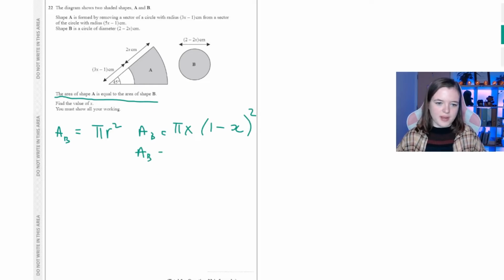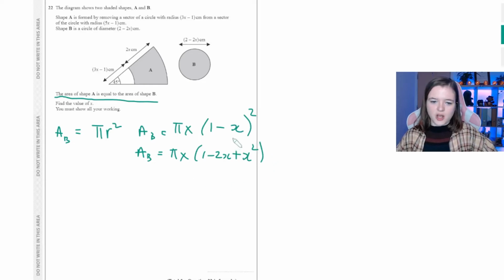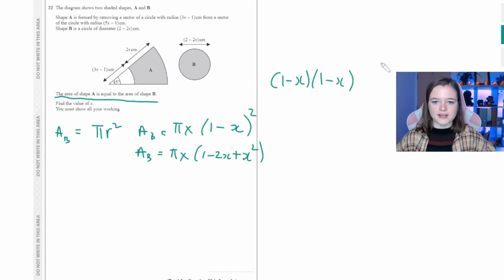So then area of b is going to be pi times, expand these brackets. A trick to doing this, when it's both the same bracket, I'm going to show you two ways. My little trick first is square the first number, 1, minus x, double it, minus 2x, plus square the last one, which is plus x squared. Or you can do it the longer way, which is just write out the brackets, 1 minus x, 1 minus x, and then do FOIL.